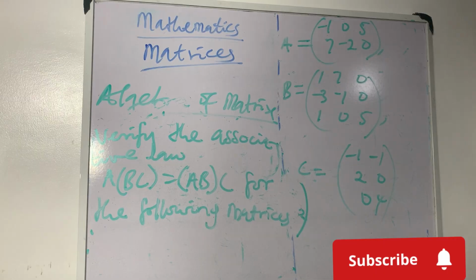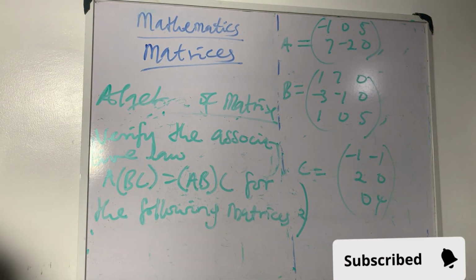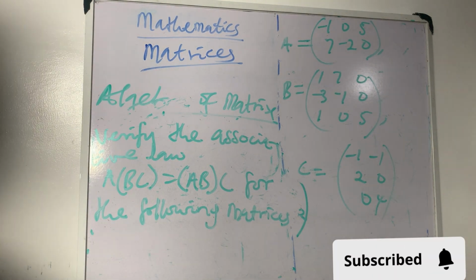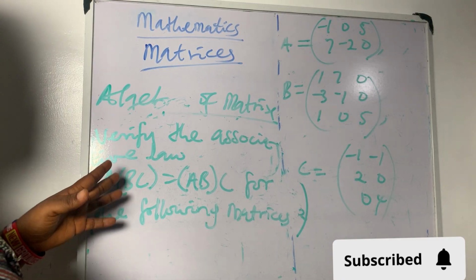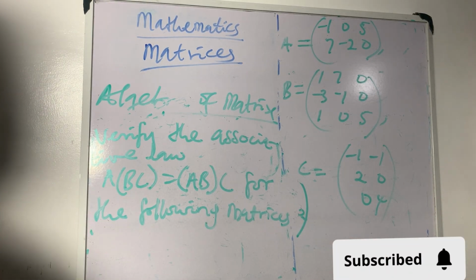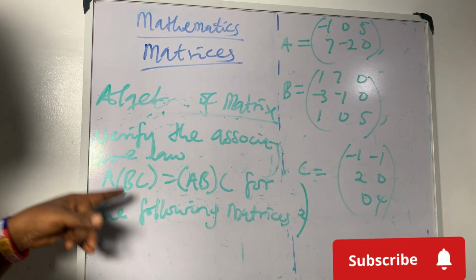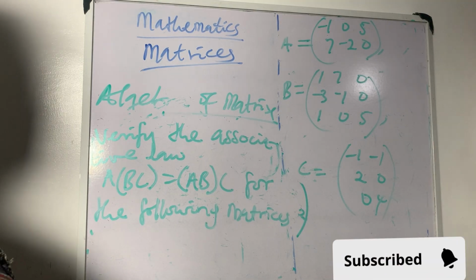In our next class, we shall verify the associative law. Remember, when you are given something like this to verify, what you need to do, first, you deal with what is in the bracket, use B to multiply C. We have done matrix multiplication. I believe you should be able to do it.